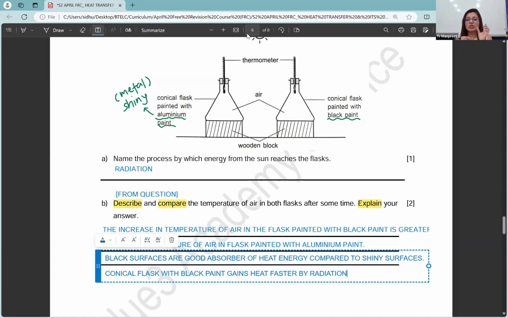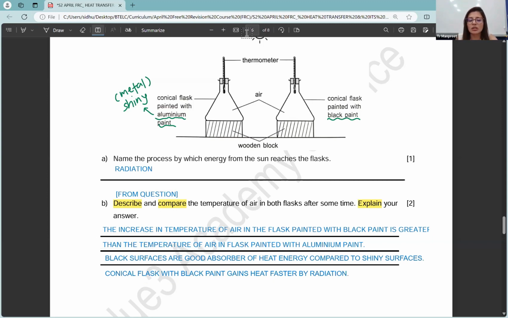So here we are focusing, you see I use conical flask, because the conical flask is the one that's gaining heat here. So by radiation, because of this, we know that the air inside heats up.